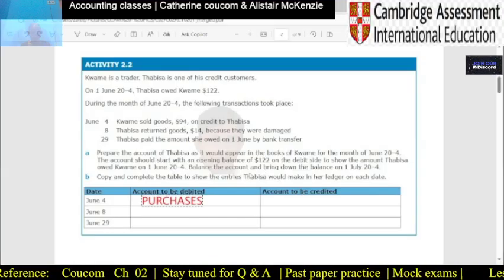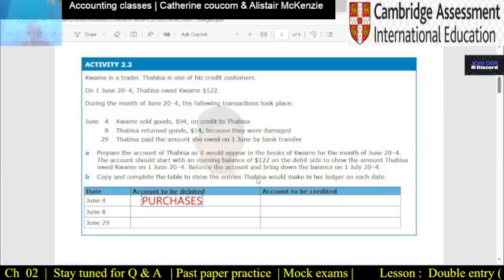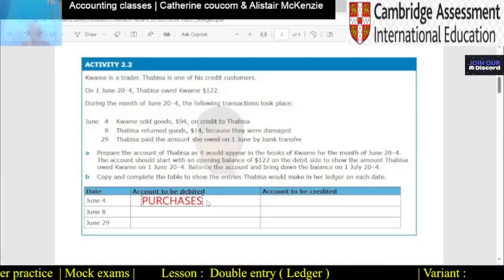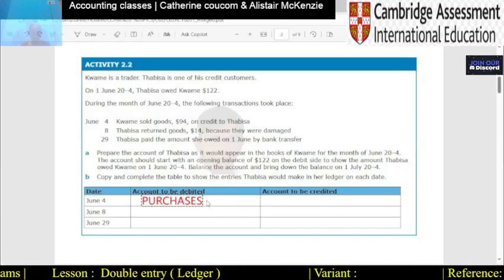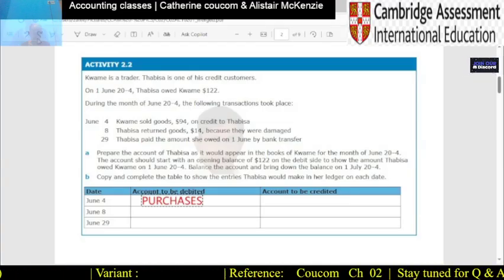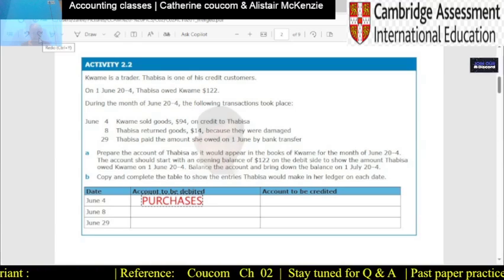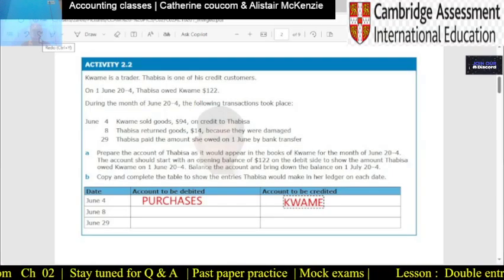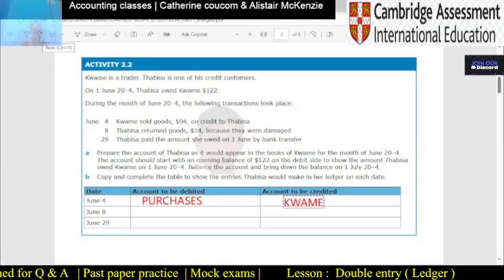So these are the books of Tabisha. When she purchases, the purchases account receives, and who gives? So obviously Kwame gives.